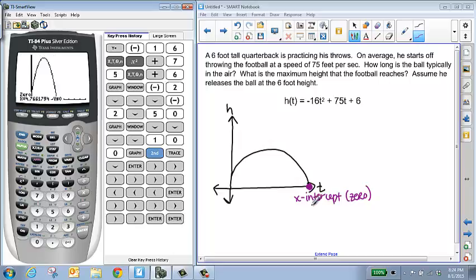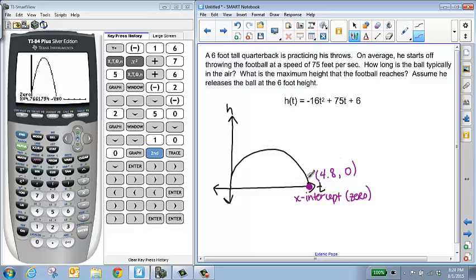So the location of this 0 or this x-intercept right here is at 4.8 if we're rounding to the nearest tenth, comma, 0. So when it says, how long is the ball typically in the air?